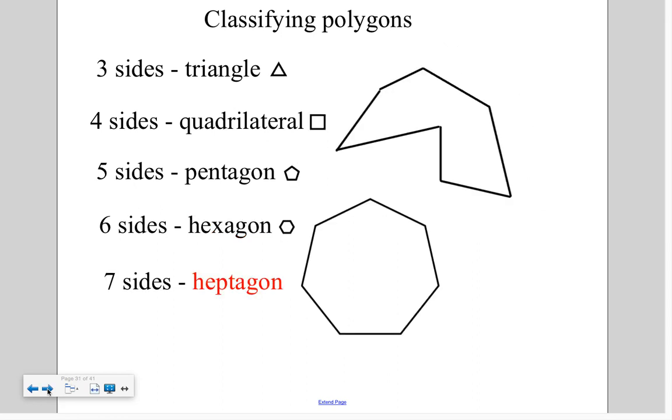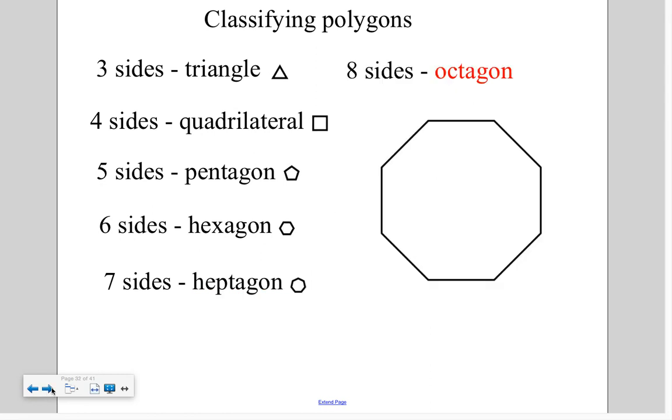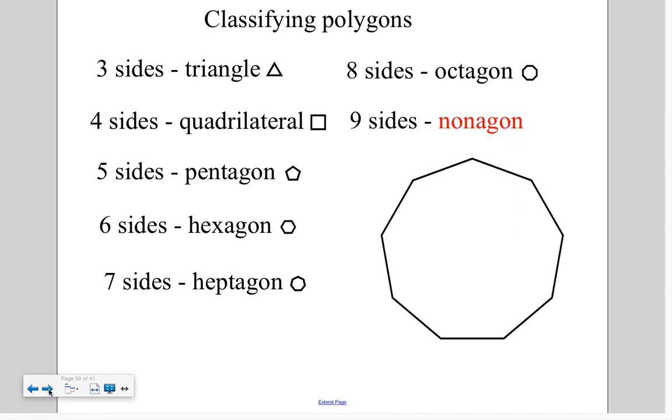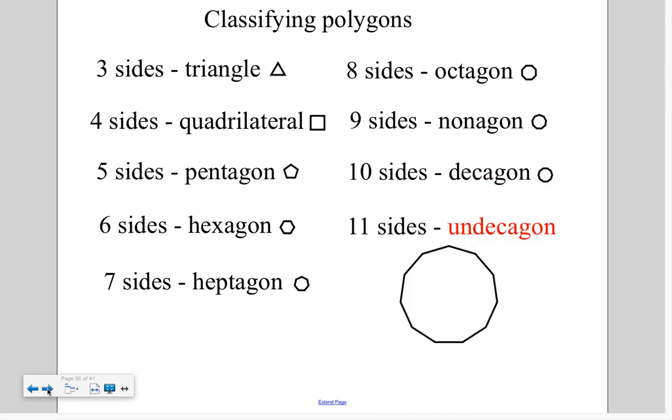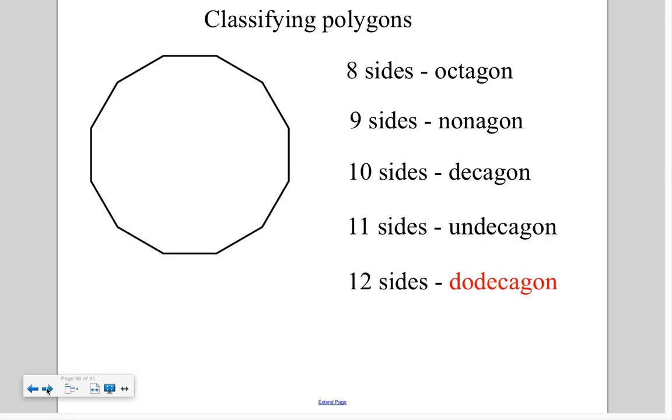Heptagon. 7 sides, heptagon. 8, octagon. 9, nonagon. 10, decagon. 11, undecagon, and 12, dodecagon.